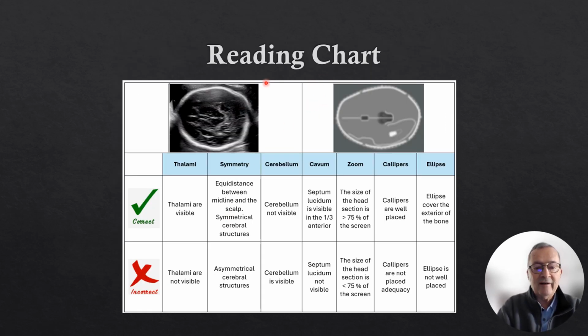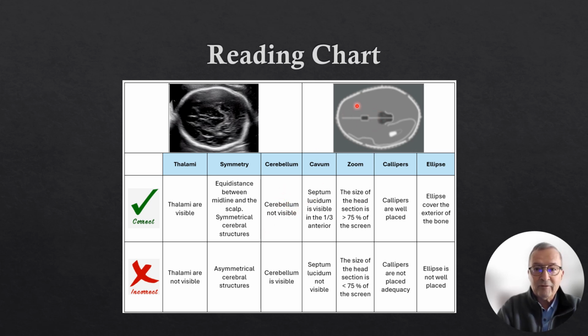Quality criteria exist for the three parameters. This is what we can say for the BIP and head circumference. The two thalamic masses must be visible on the midline. The section should be symmetrical, with the midline in the center of the skull. The cerebellum should not be visible on the images.